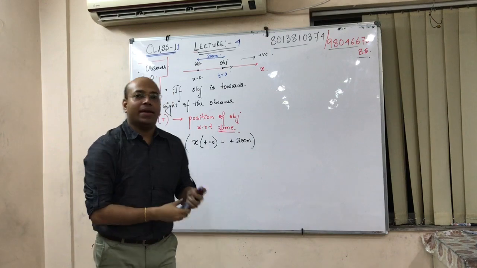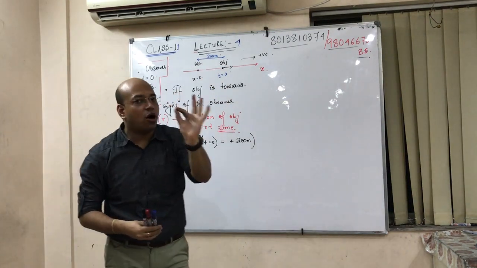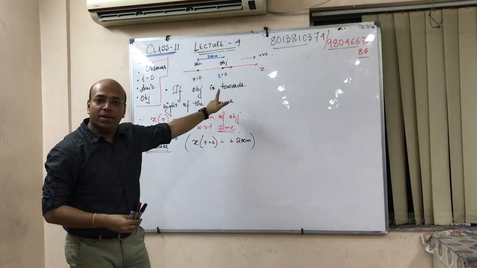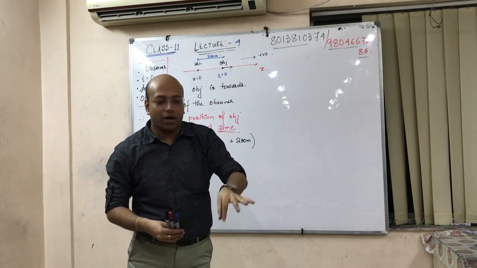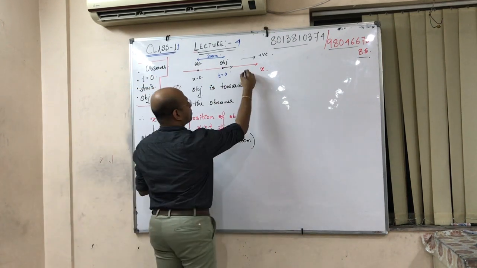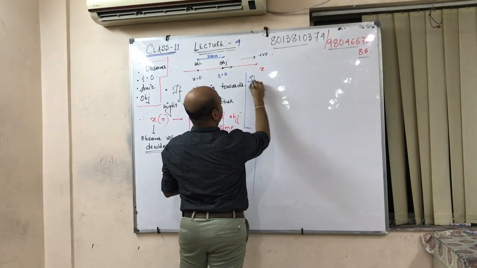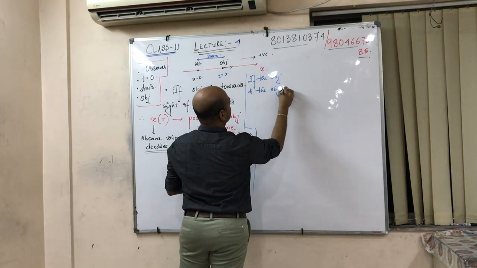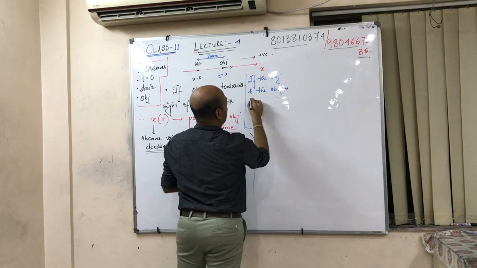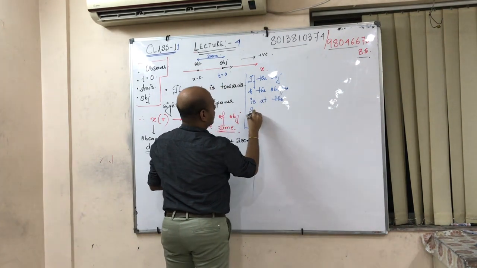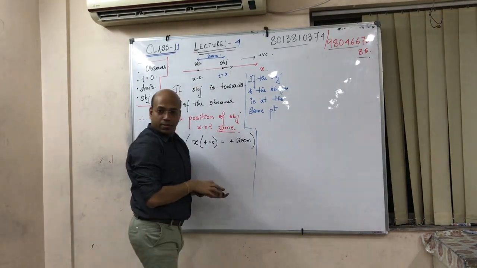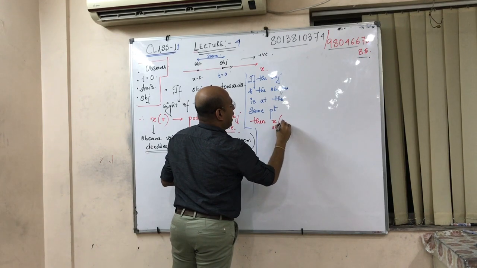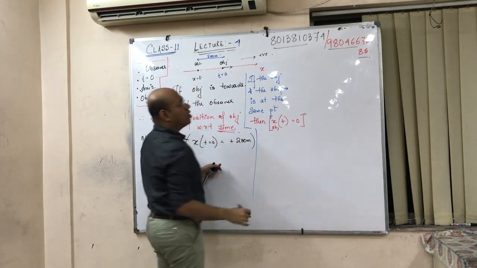It can also happen that the object is at the position of the observer. If the object and the observer are at the same point, then the position of the object at that instant has to be equal to 0.